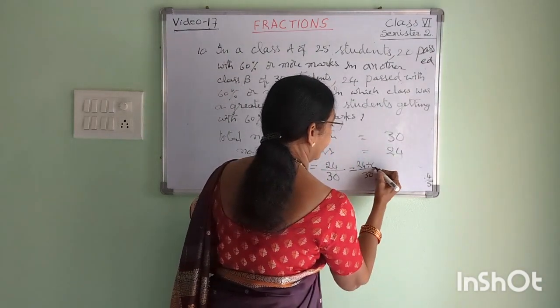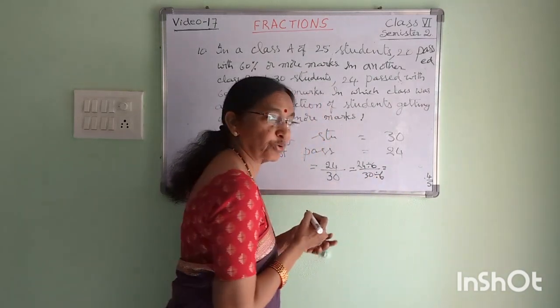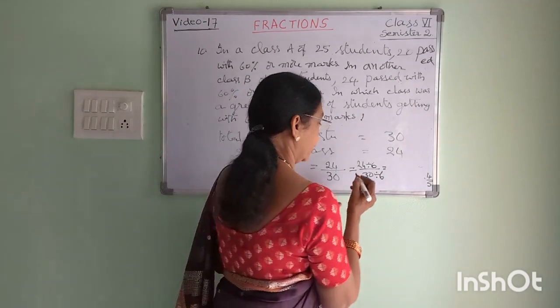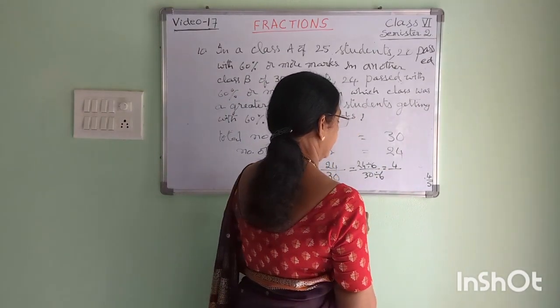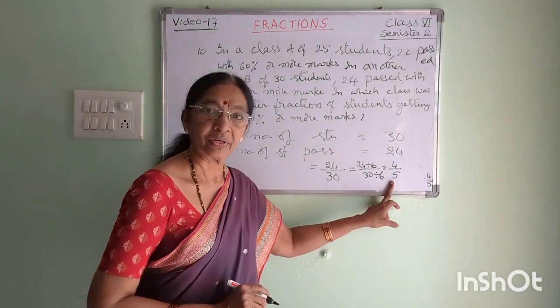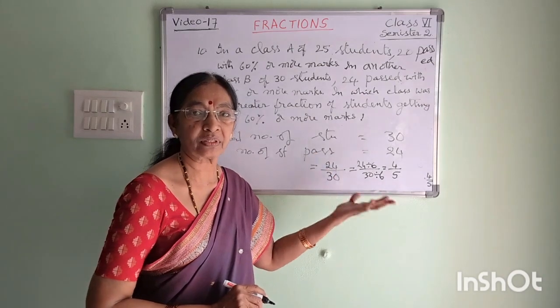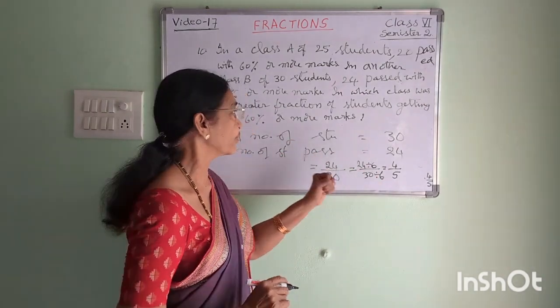Dividing both the numerator and the denominator by 6, 24/6 is 4, 30/6 is 5, so 4/5. The fraction of the students who got 60% or more in class B is also 4/5.